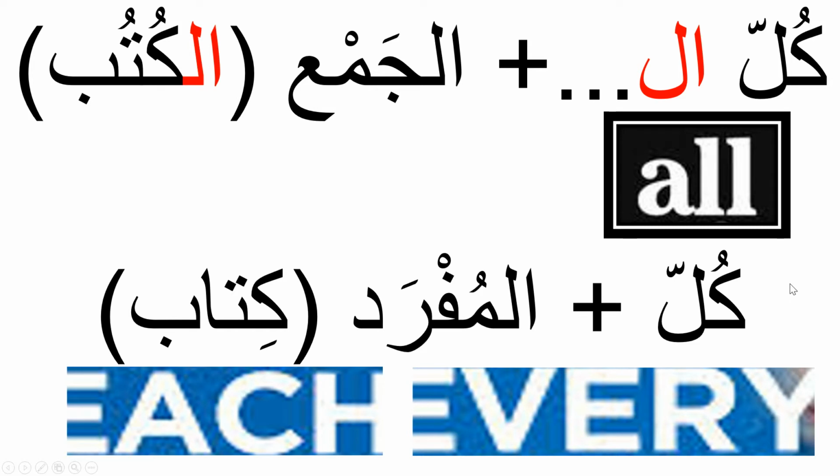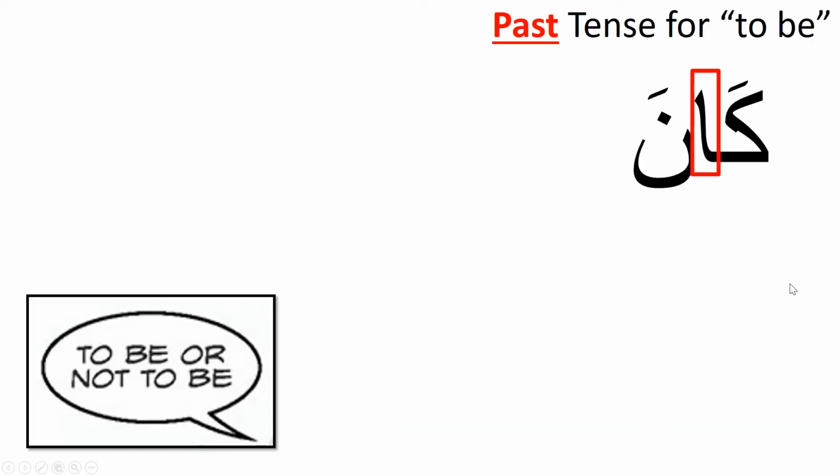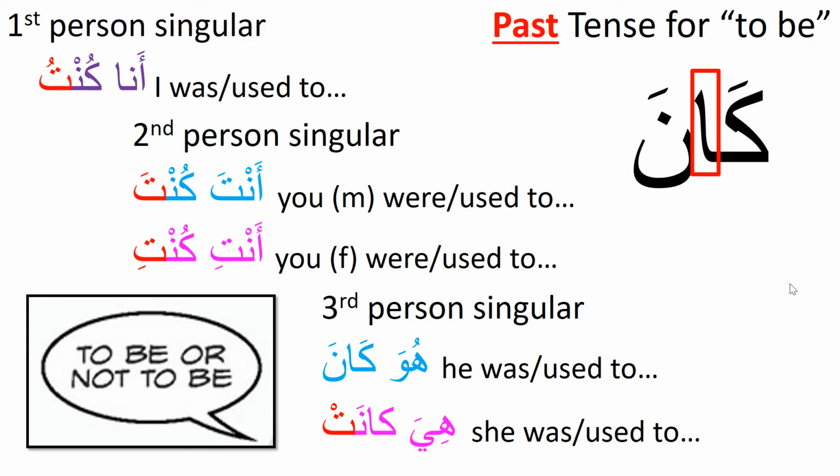Our next vocabulary word is the first instance where you're going to be introduced to conjugating for the past tense. If I can build this slide out, you will see that we have the letter ta on almost all of these words listed as a suffix, in red font.